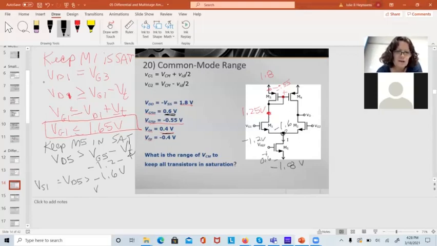So my VG1 is going to have to be greater than 0.6 minus 1.6. I'm going to argue with myself here and say that number to barely keep it on would be 0.4.